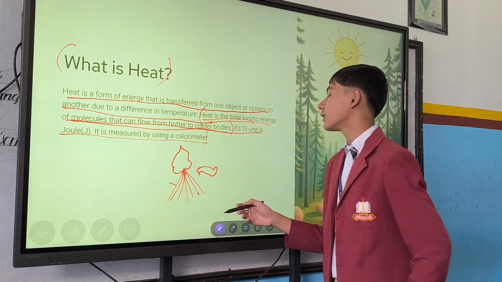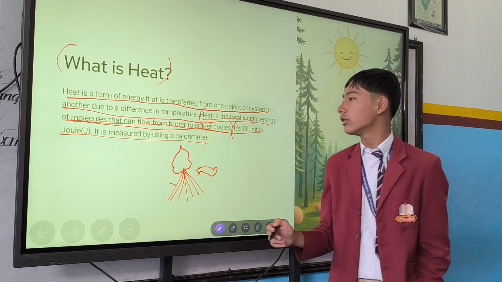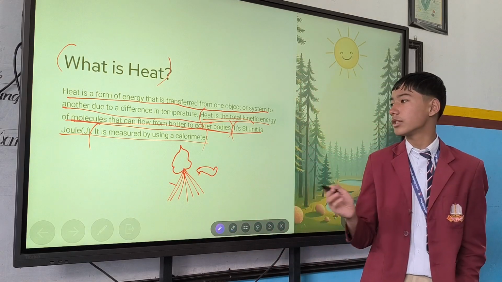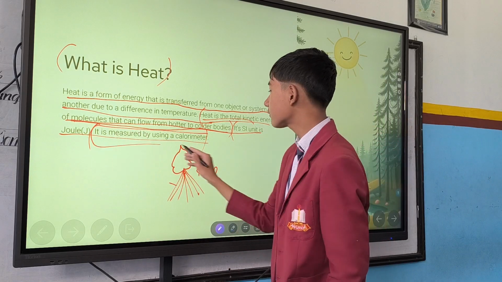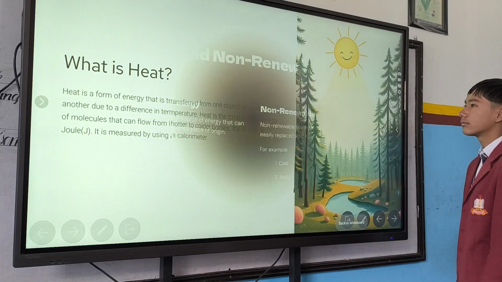So that's the heat energy. The SI unit of energy is the joule, as you all know, and heat energy is measured using a calorimeter. Yes, that's it for the first slide.